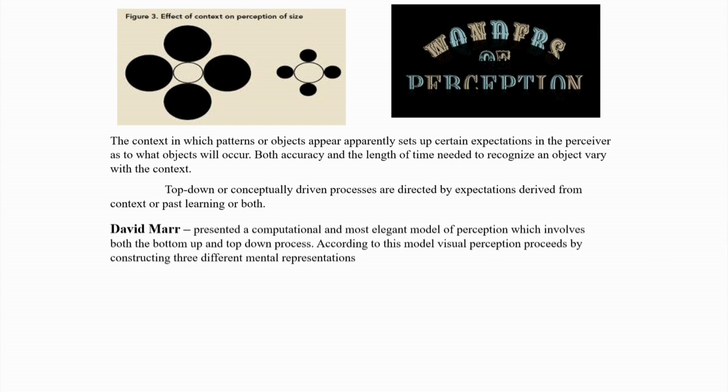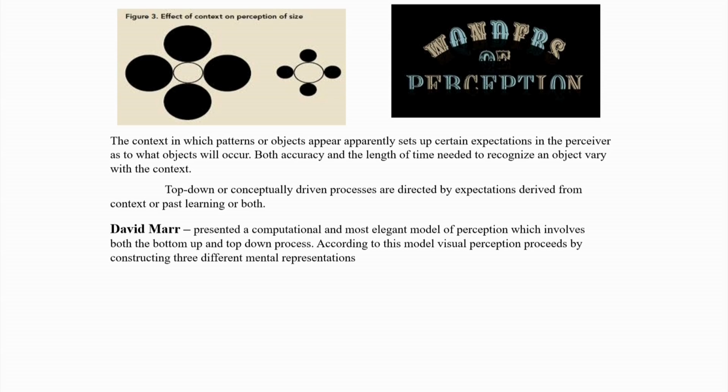Now, Marr's idea is that the model of perception proceeds by constructing mental representations or mental schemas. Perception, Marr believes, is a special purpose computational mechanism which progresses through certain modules: the module for analyzing color, the module for analyzing motion, the module for analyzing shading.